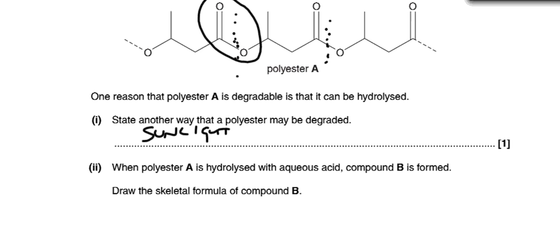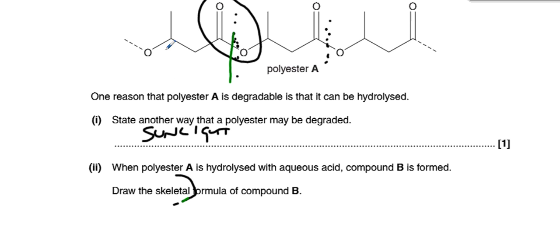Part 2 then wants polyester A to be hydrolyzed to form compound B, and you've got to draw the skeletal formula for compound B. This end of the molecule, we've already said that we're going to split the molecule there.